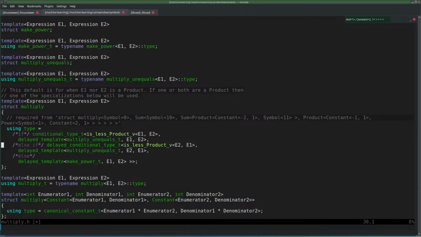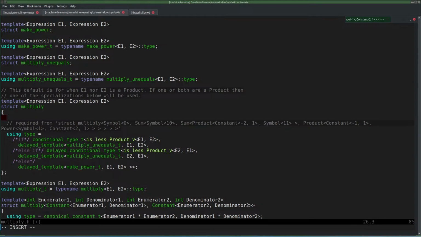No, maybe it was 80. Okay, I think I have a vague idea now what to do. Let's make this a static const expression. How did I do that before? Less than E2.